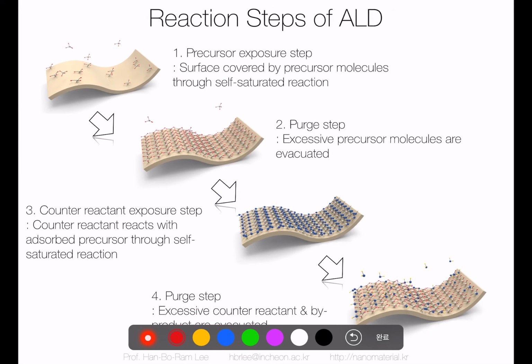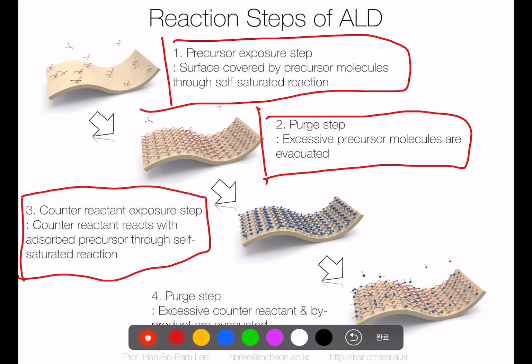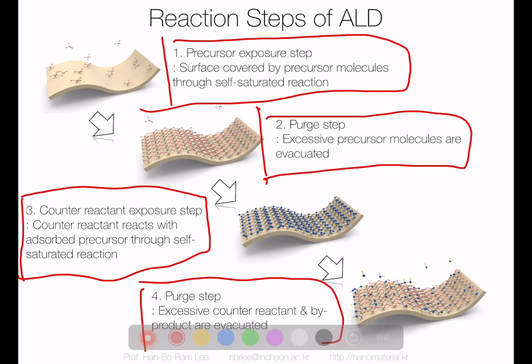The ALD reaction is composed of 4 different steps. First is the precursor exposure step. Second is the purge step. Third is the counter-reactant step. Fourth is the purge step. In the first step, the precursor molecules attach to the surface through a surface self-saturated reaction mechanism. I will explain that later.